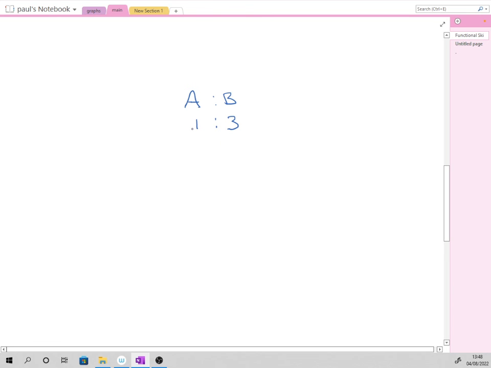Can you find out what the other one should get, and also what the total is going to be? So we'll say B has, I don't know, £60. First of all, what has A got? And what's the total between them?